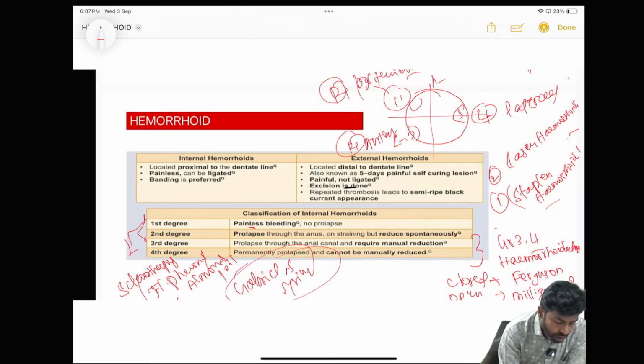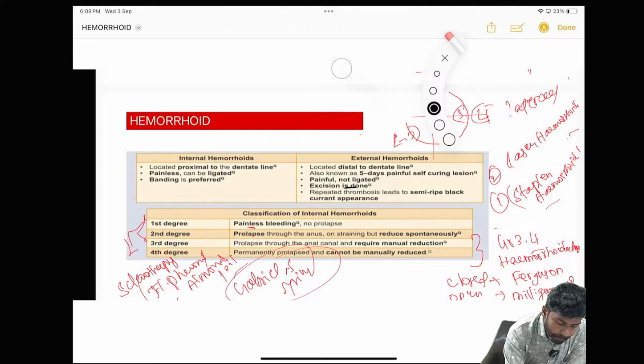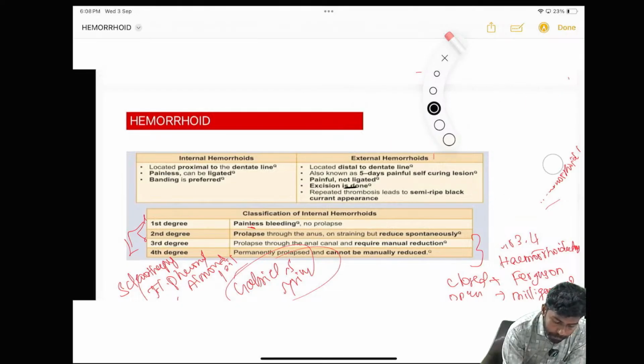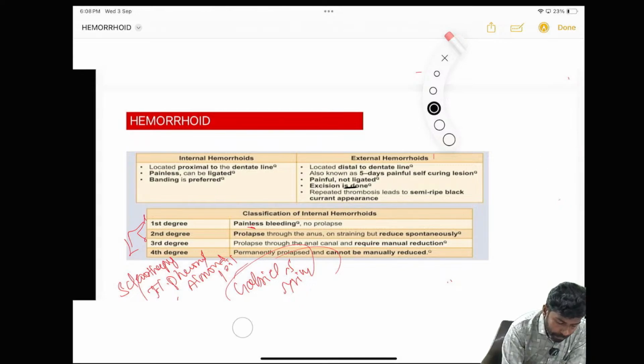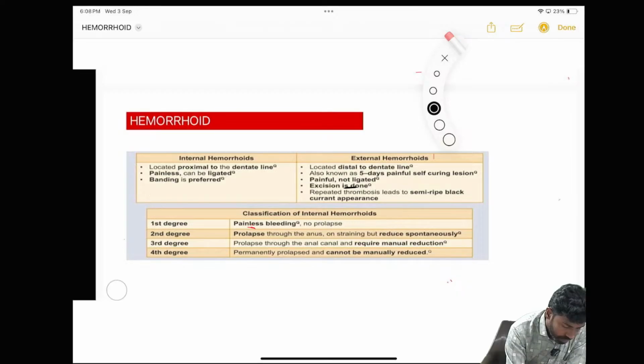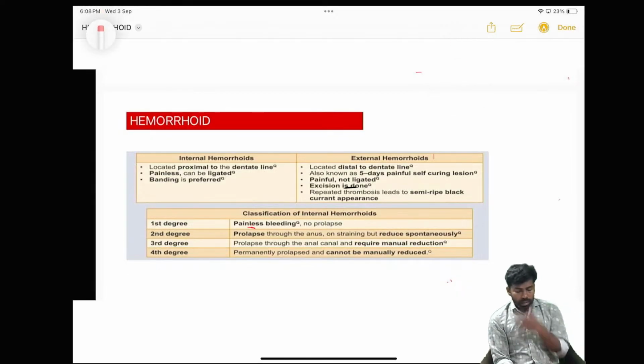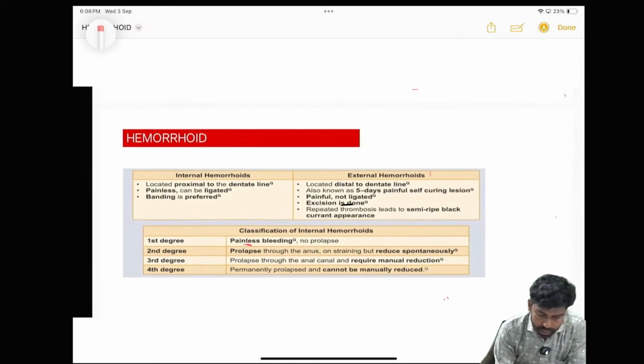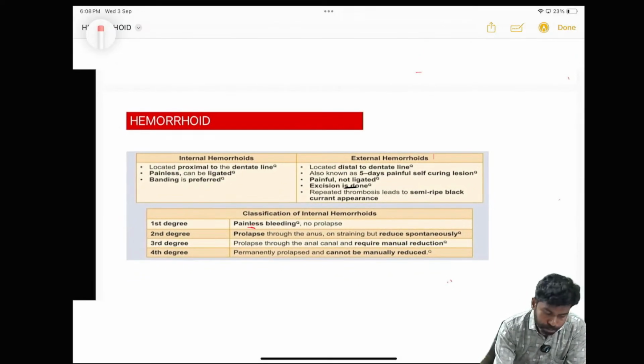Then another topic will be choledocholithiasis.